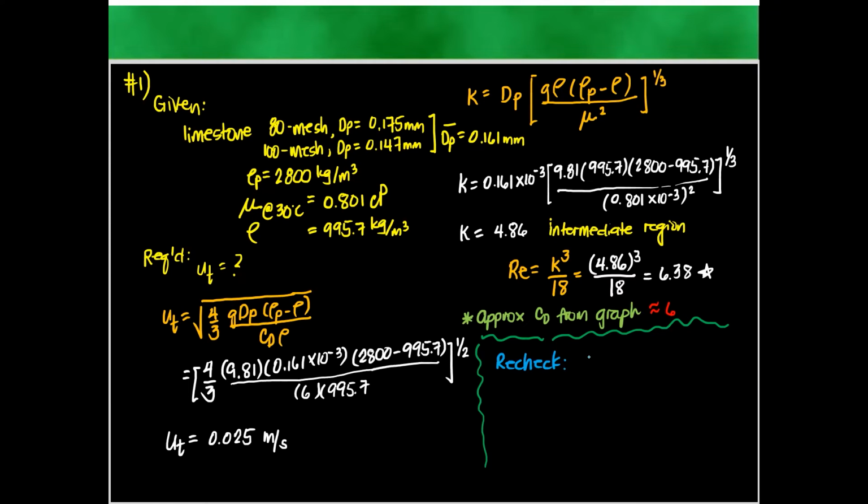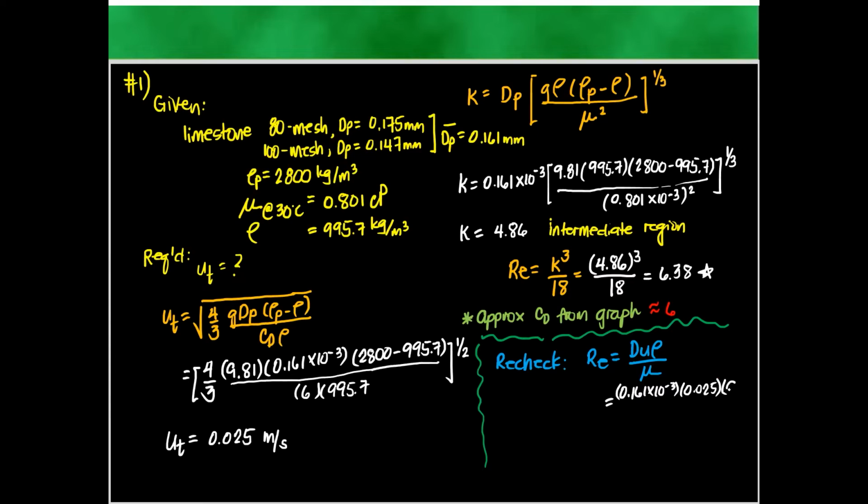Now, what we will do is recheck using the basic formula for Reynolds number, D u rho over mu. Diameter is 0.161 times 10 to the -3. u is 0.025.